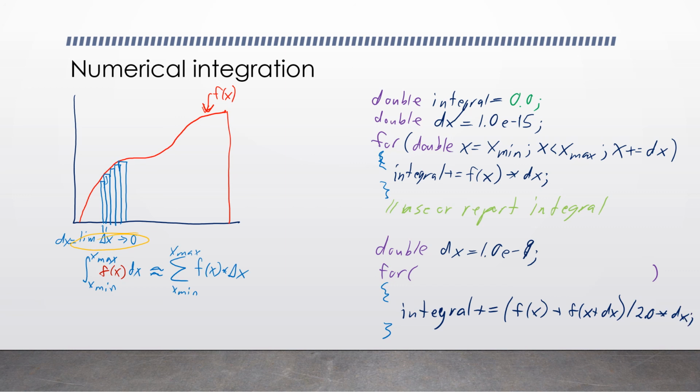What this does is it takes each of these boxes as if it's a trapezoid, and we kind of average the two values f of x and f of x plus dx together and integrate that way. That's much more accurate than the stepwise integration that we used in the first one. And there are even more accurate procedures that use the curvilinear nature of the curve.